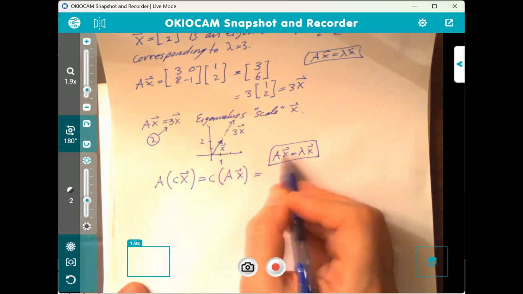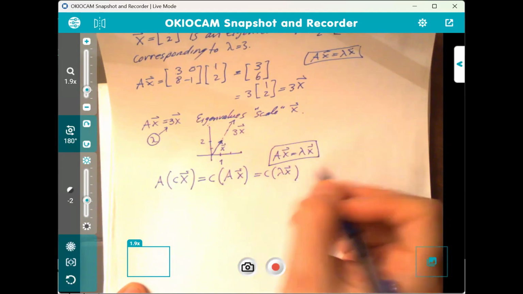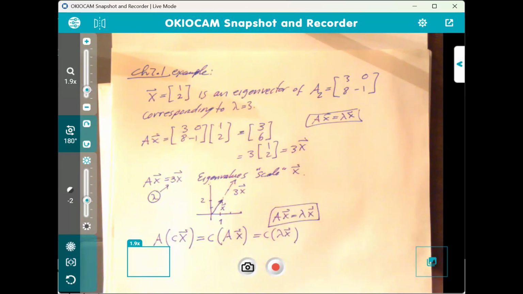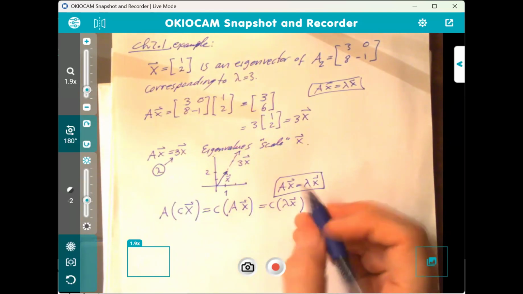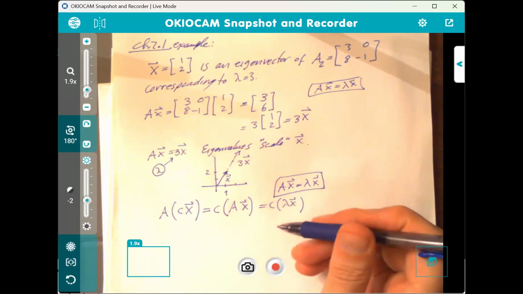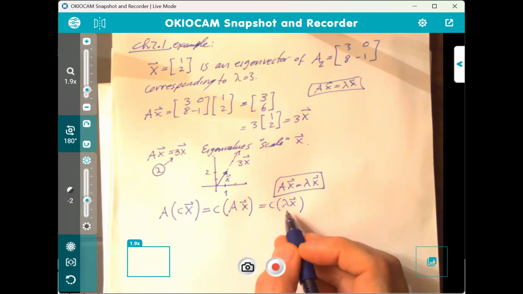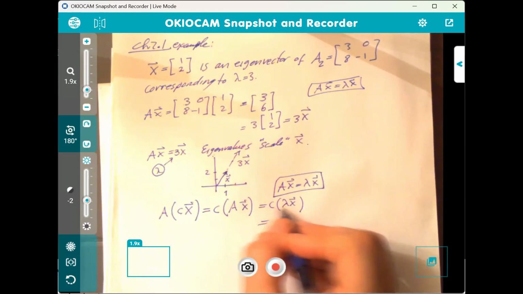So instead of Ax, I'm going to write lambda x. So this is going to be C lambda x, right? And again, the numerical example is up here. So this is true. Well, this means that the operation is closed under scalar multiplication, right? Why? Because C and lambda are scalars.